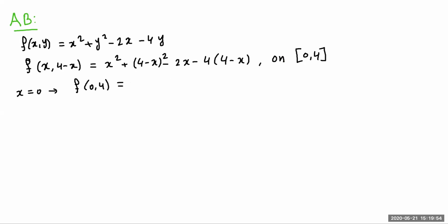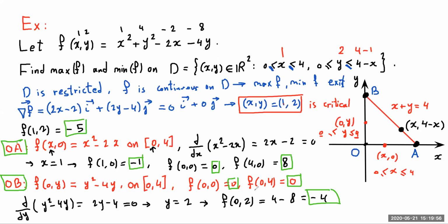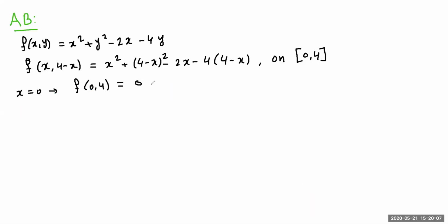We calculated f(0, 4) before here, 0. And f(4, 0), 8. So it's 0. And when x equals 4, I will have f(4, 0). The answer was 8.